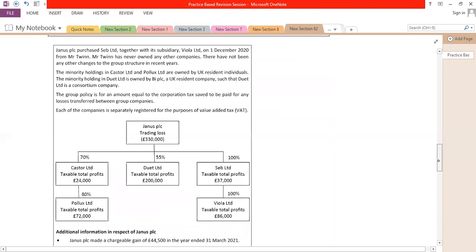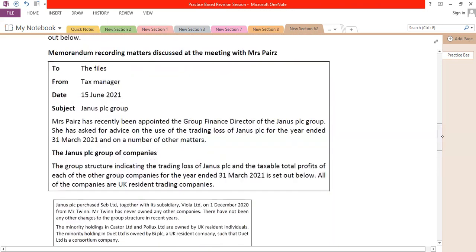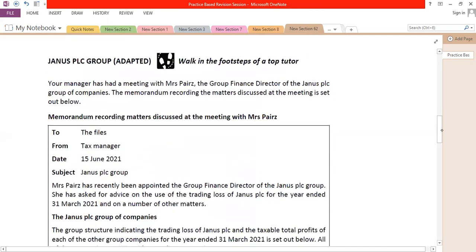And remember that in a group structure, always remember that there is a chance of a 75% loss relief group. Now, first of all, what are the conditions? What are the restrictions of a 75% loss relief group?